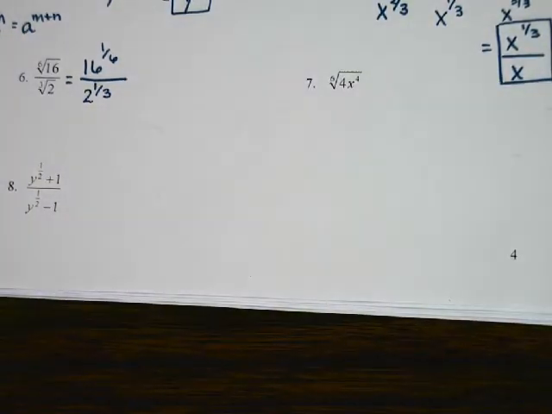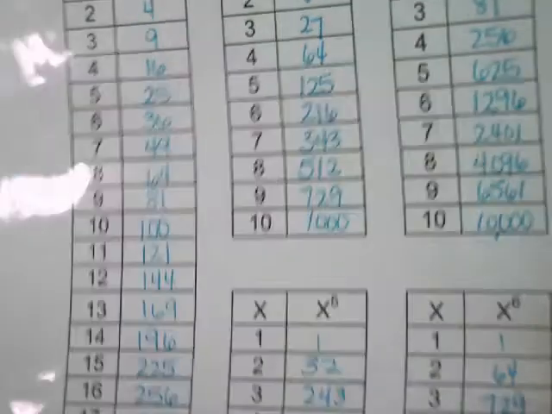You have to always go smaller. Which one's bigger, 16 or 2? 16. Can we rewrite the number 16 as a 2 with an exponent? Yes. 2 to the 4th is 16.